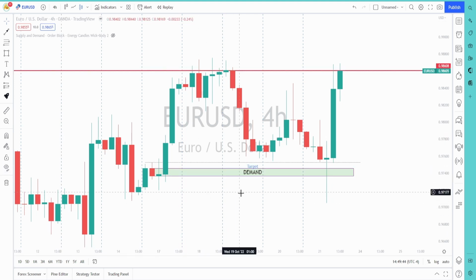What we have here is an area of demand marked off, and I've got the wick marked off across as the target area. So I want to see price come into that area. I don't want to see price close into the demand area and continue to go past it.